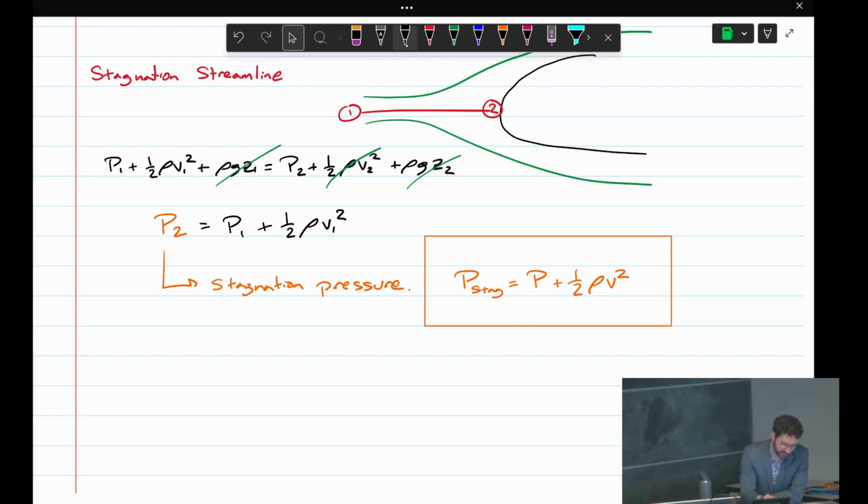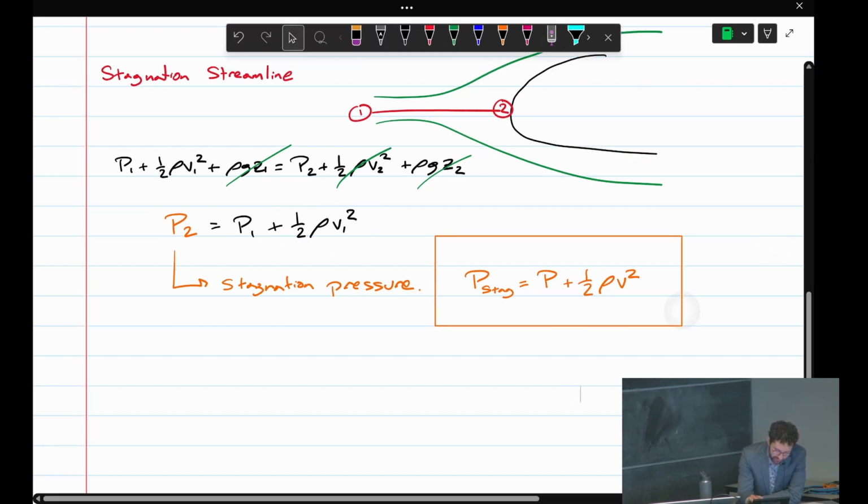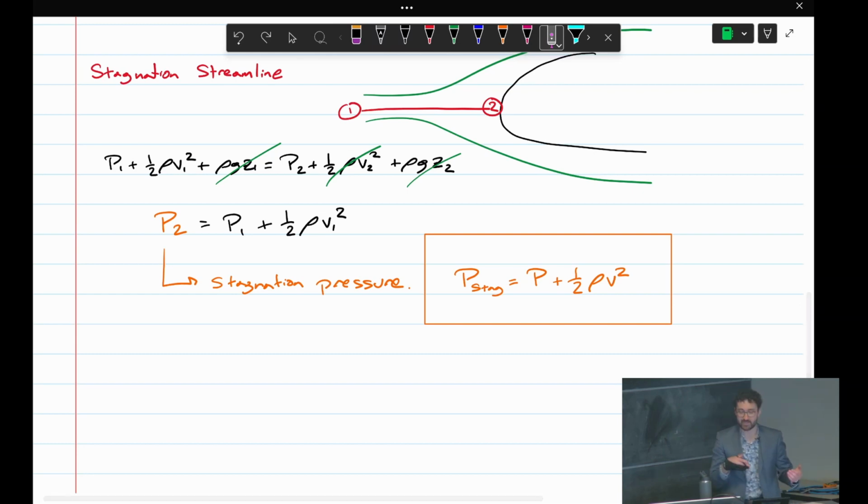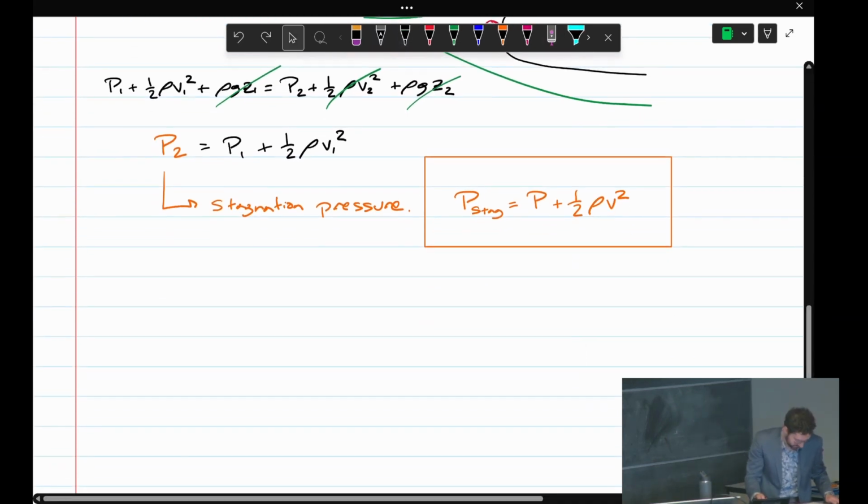So if we put a pressure probe at point 2, and we put a pressure probe at point 1, we can calculate the velocity. Say this is the body of our aircraft or our car, and we measure those 2 pressures, we can calculate the velocity that our car is moving at. So that's what a pitot tube does.